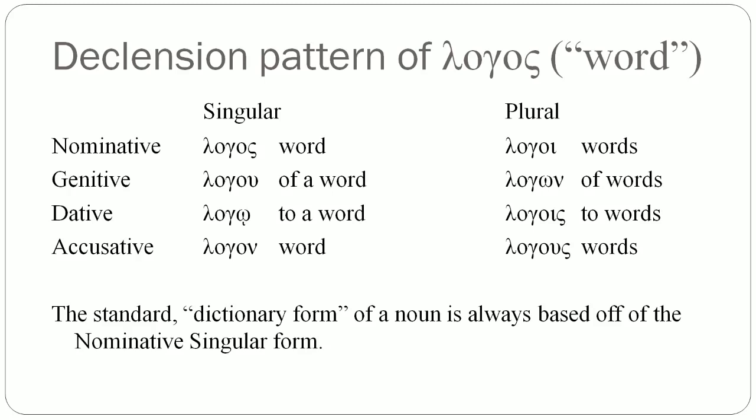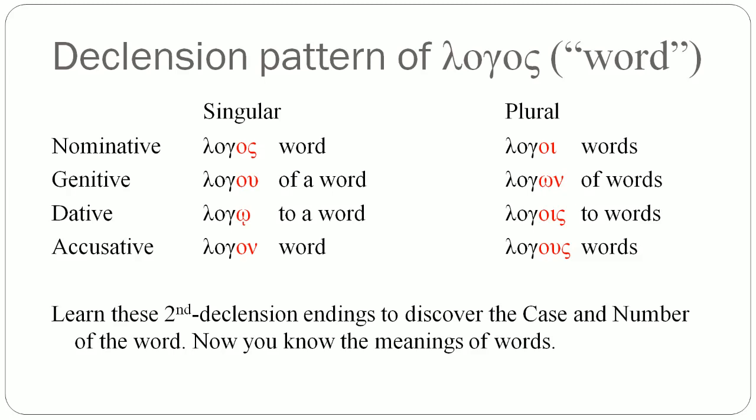So make sure you include that. If I ask you to write out a form chart of logos, make sure in the dative singular you get that little subscript. That's typical of all of these second and first declension words. They pretty much always get an iota subscript someplace in that dative singular. The vowel that's with it might change, but you're always going to have the iota subscript there in the dative singular.